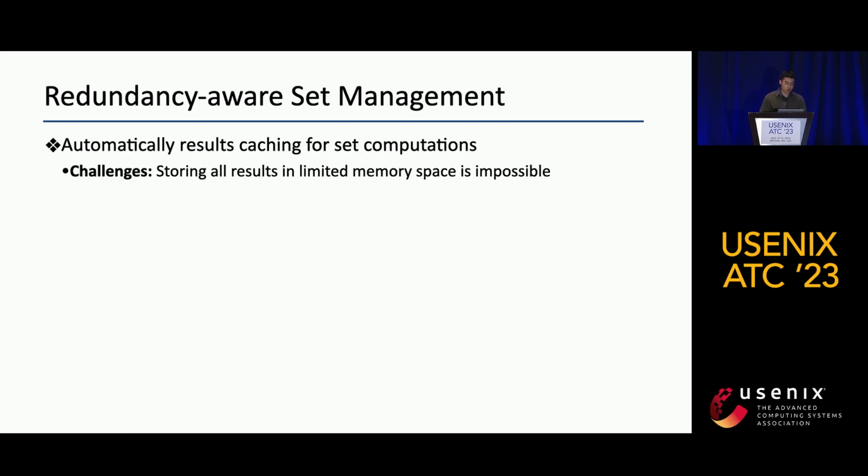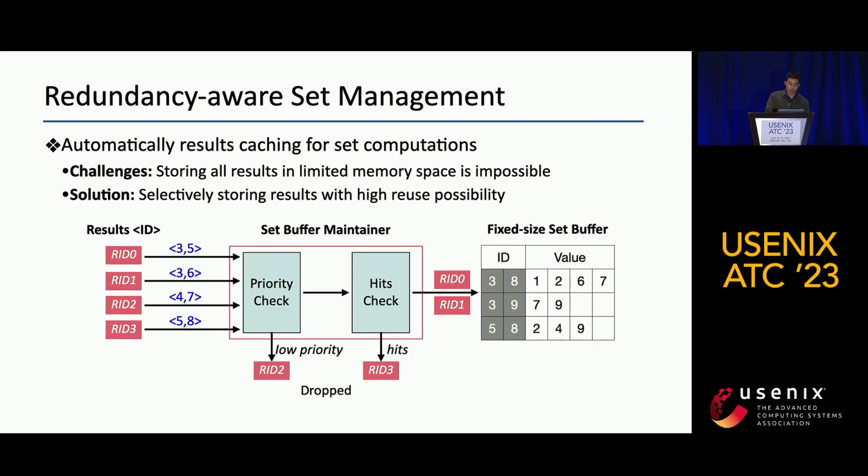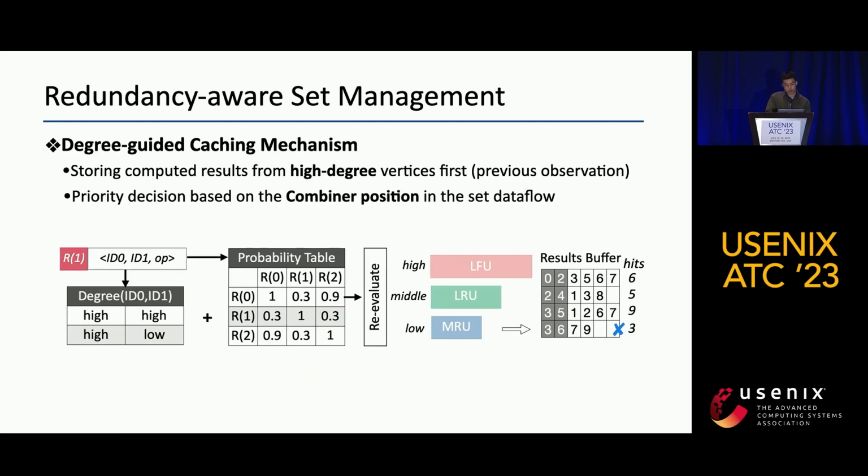The main challenge for the sets manager is the trade-off between memory capacity and data reusability. We maintain a fixed size buffer and selectively store the results with a 2-phase check procedure. In particular, the priority check adopts a heuristic caching mechanism to drop results with low reuse possibilities.